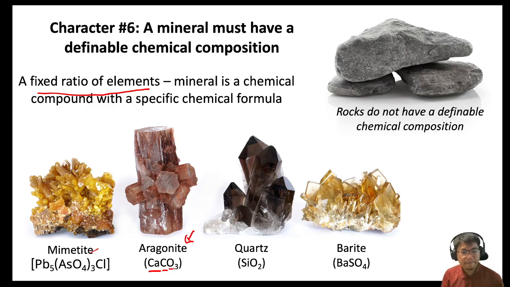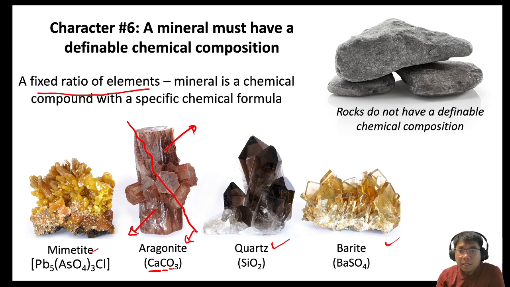So if you break this aragonite into two, these pieces right here and those pieces right there will have the same fixed ratio of elements. And again, no matter how small you divide these minerals, they will have the same ratio of elements. And that's the same thing with quartz, as well as my favorite mineral, which is barite.